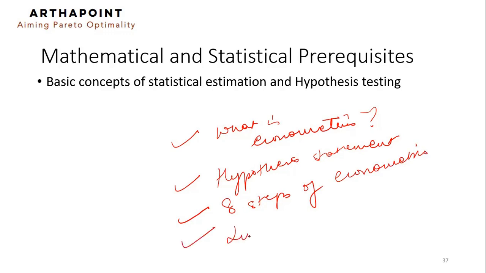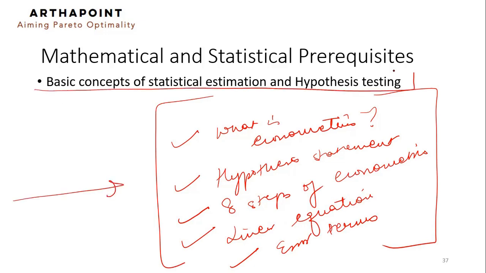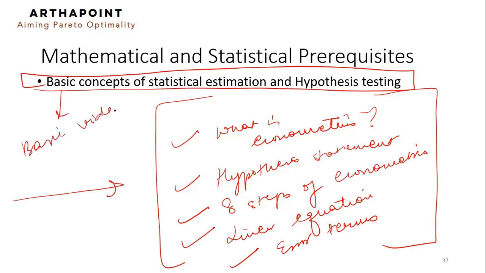Fourth, how do you make a linear equation? And how do you account for the error terms? To do all of the econometrics, we would be requiring some amount of hypothesis testing. This is also covered as part of the basic videos that would be shared with you on statistics. But I would also be covering this in my live lectures.